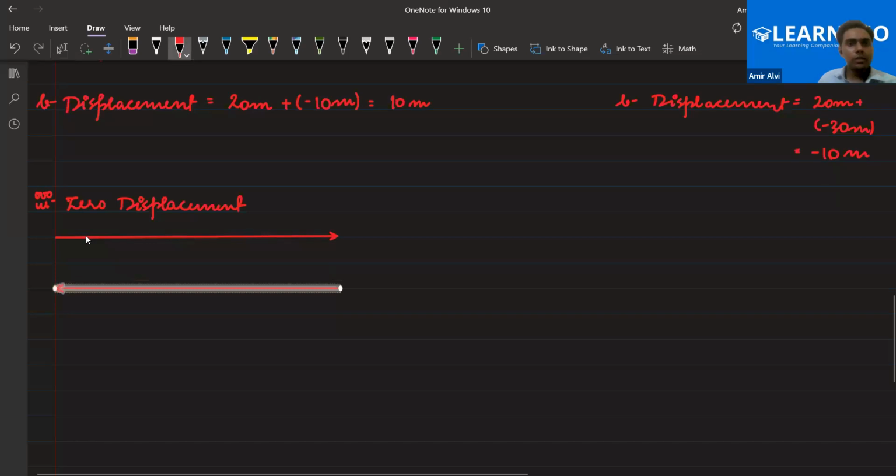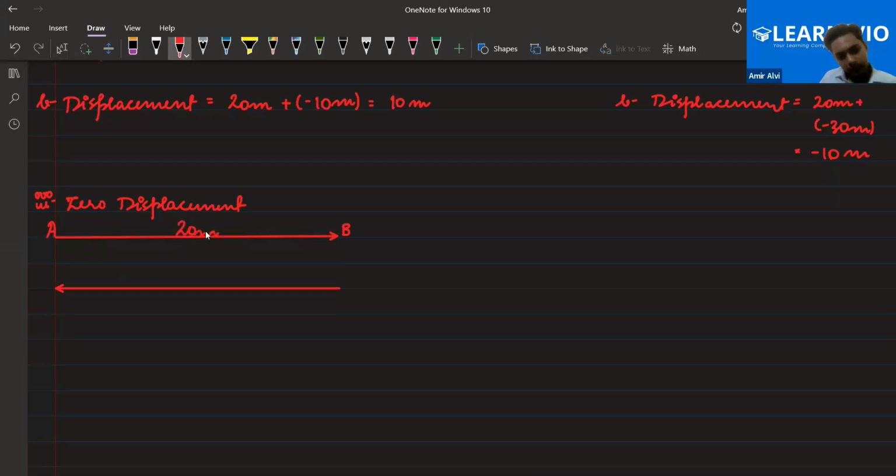Again, this is point A, this is point B. So this is 20 meter, and I'm taking this direction as positive. This is point B, again this is point C. So this is again 20 meter, but this is the negative direction.